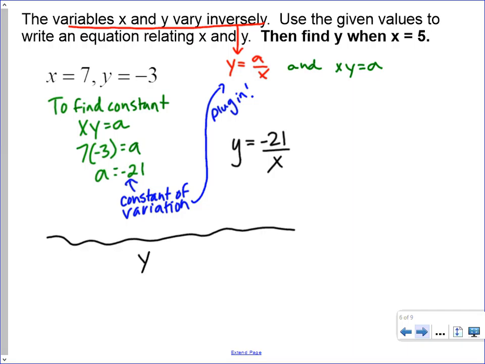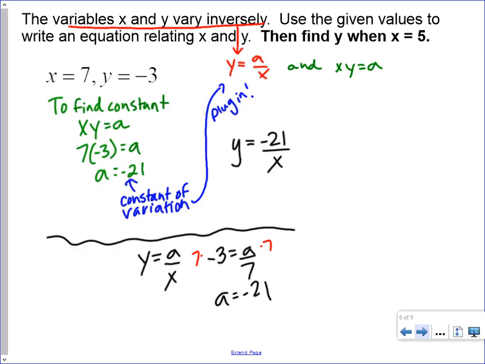You could also do this: if y equals a over x, and you know that x is 7 and y is negative 3, you could plug those numbers in, and then multiply both sides by 7, and you would find that a is negative 21. So we get the same answer either way.